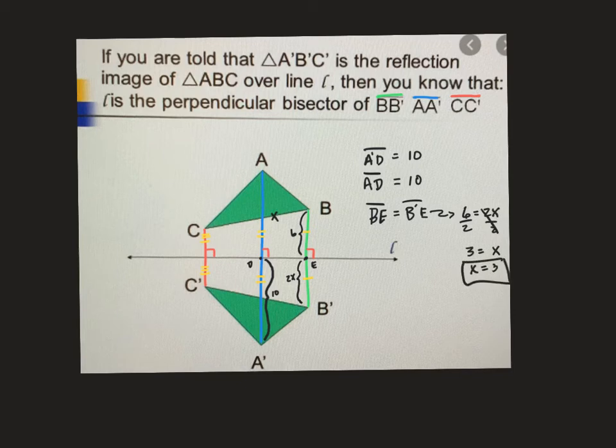So I'm able to use those characteristics and definitions to identify information.